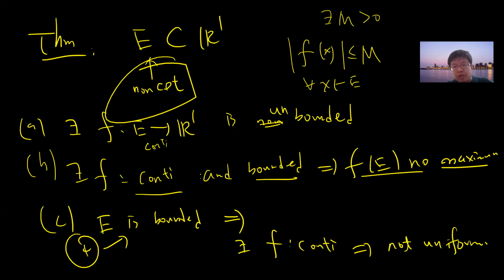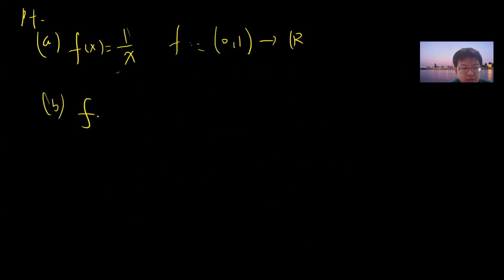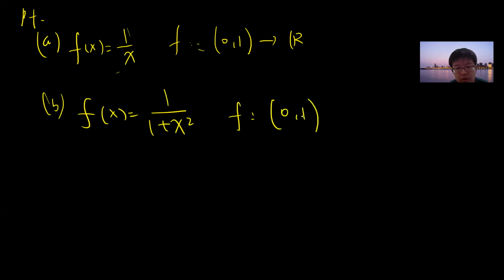Let's say I define f of x to be 1 divided by 1 plus x squared, but I define f on (0, 1), which is non-compact, mapped to R. So you see, the maximum would be at x equals 0.